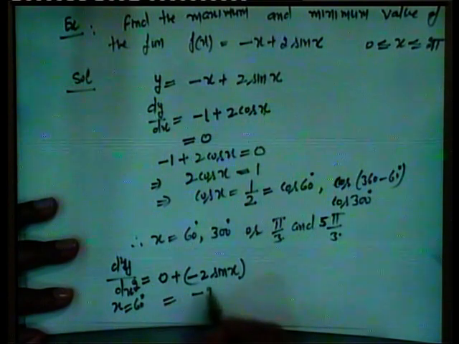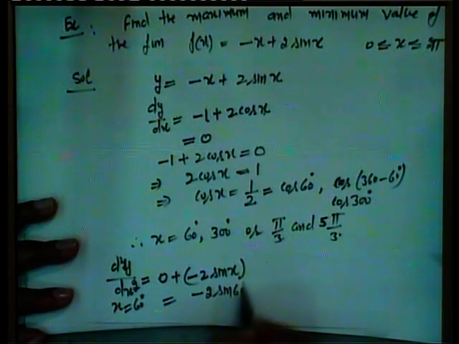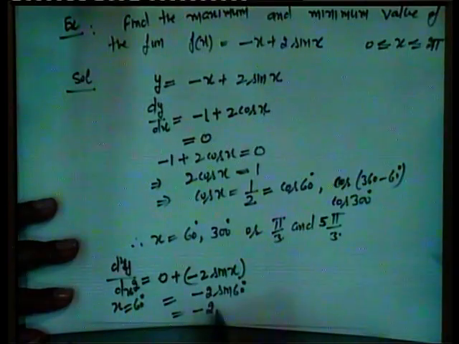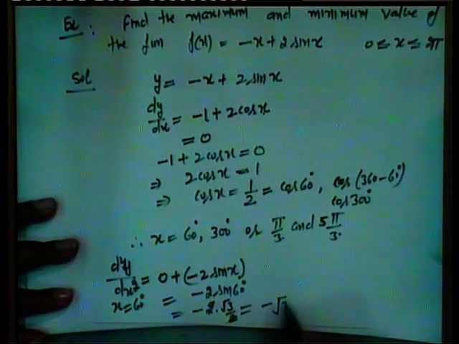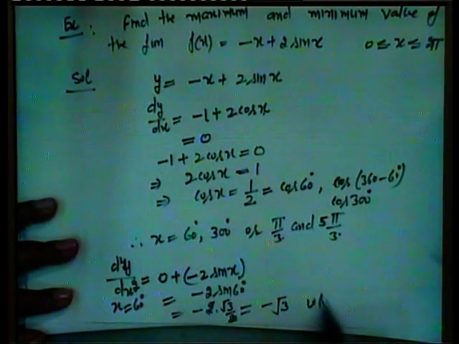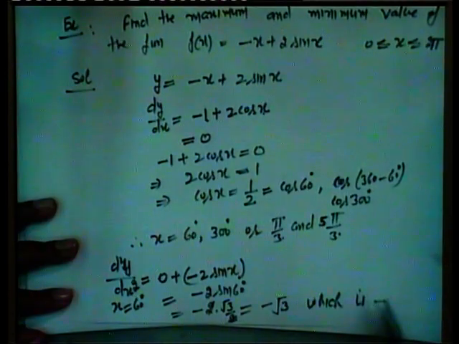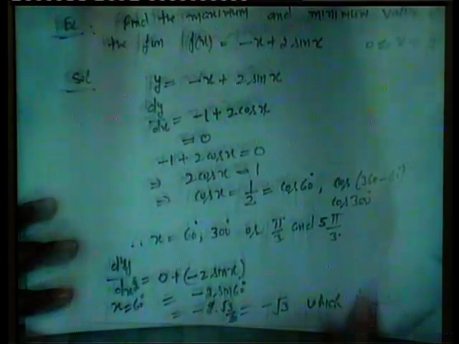This is equal to minus 2 sin 60 degrees. The value of sin 60 degrees is root 3 by 2, the 2 cancels, this is minus root 3, which is negative.